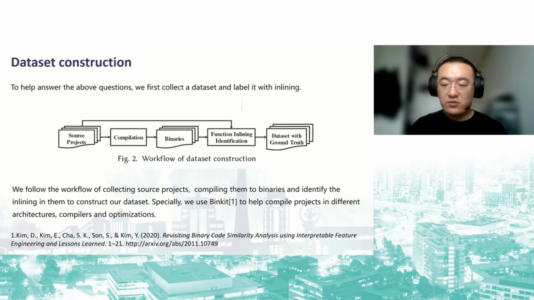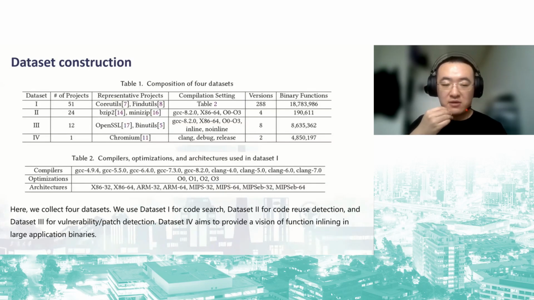Especially, we use BinKit to help compare projects in different architectures, compilers, and optimizations. And here we collect 4 datasets. We use dataset 1 for code search and dataset 2 for code reuse detection, dataset 3 for vulnerability detection and patch detection, and dataset 4 will provide a vision of function inlining in large application binaries.